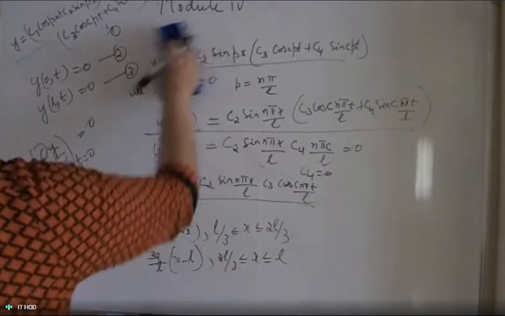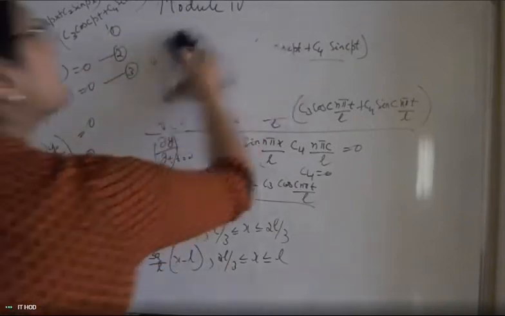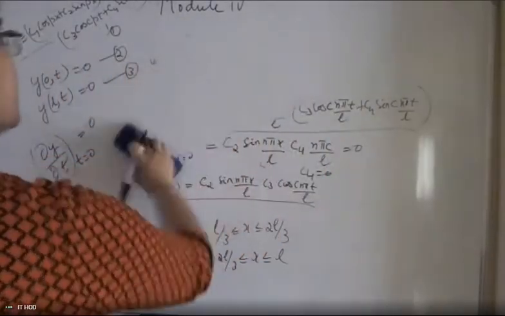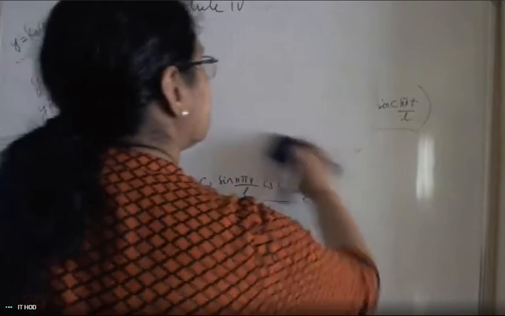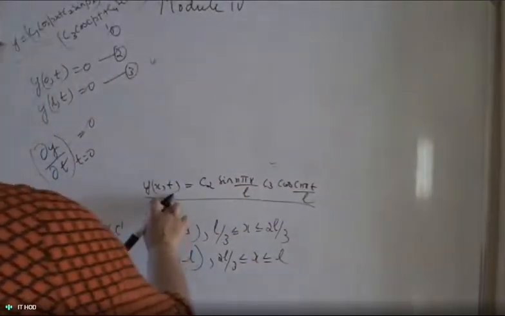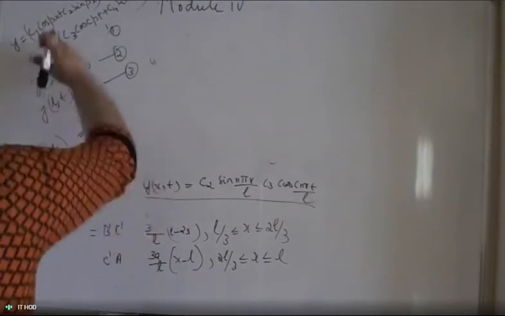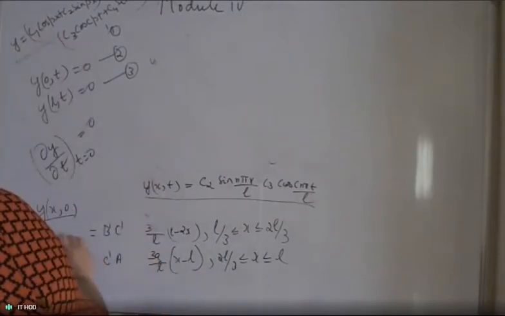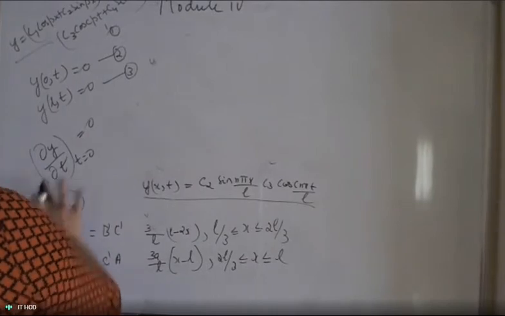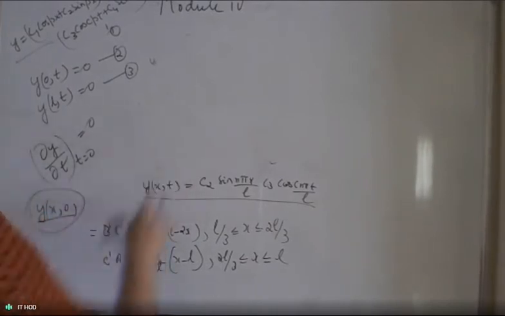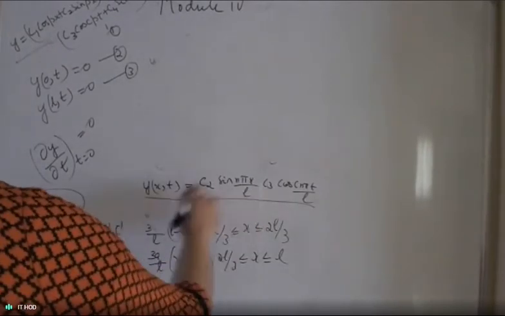Let me erase these. So this is our final thing after using the 3 boundary and initial equations. Still we need to use this one. y(x,0) we didn't use yet. So we are going to use that in order to find the values of C2 and C3.